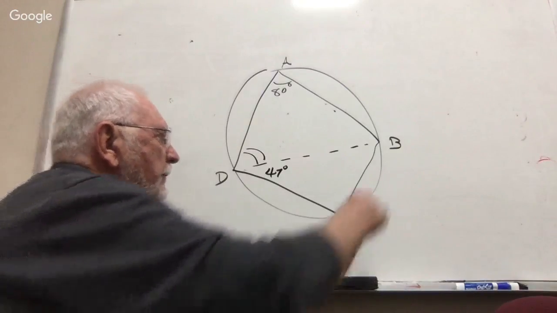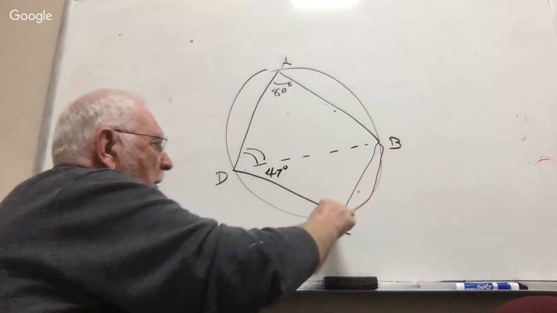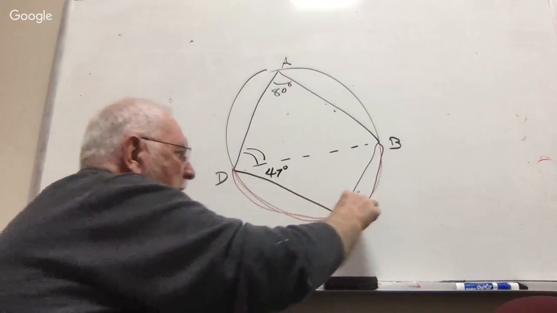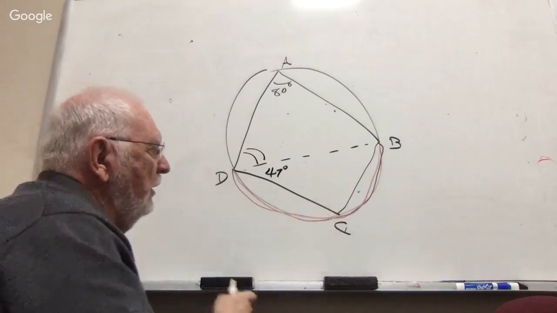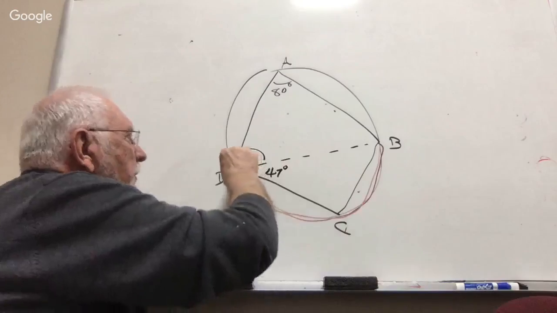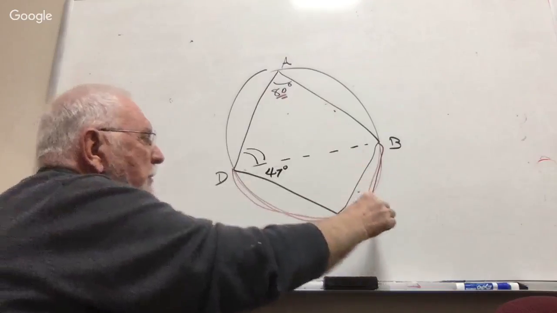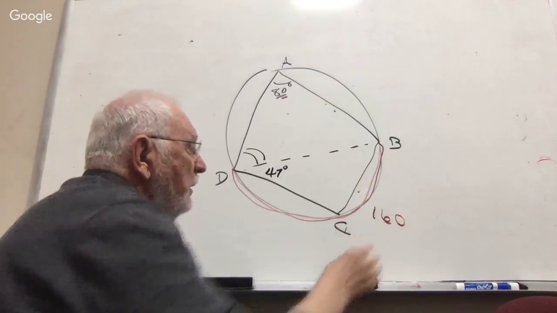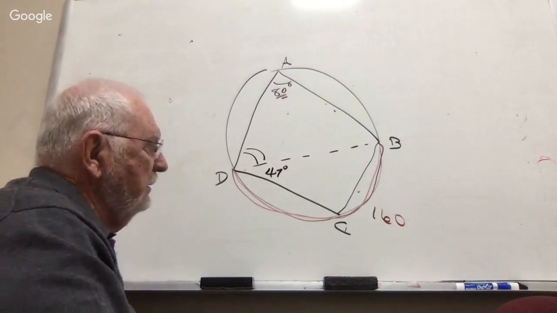So what arc does that cut off? That arc right there, right? So how big is that red arc now? It's double this, so it's going to be 160, right? That makes sense? Yes.